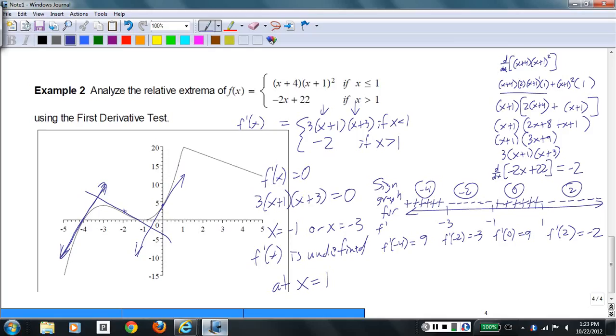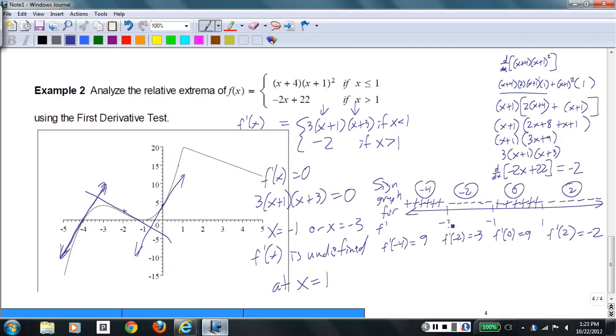Now we have the picture in front of us, but if we apply the first derivative test, in the absence of this picture, we can say the first derivative is positive in an interval extending to the left, indicating it's increasing going into it, negative in an interval extending to the right of -3. So does it have a relative extremum there? It does.